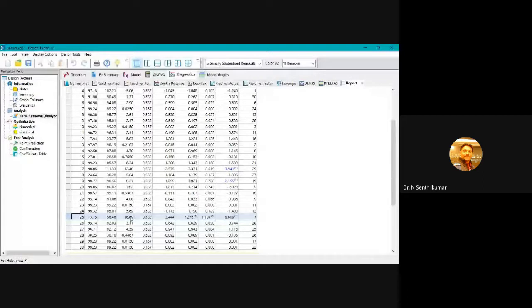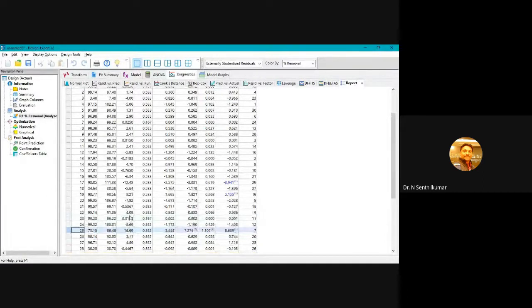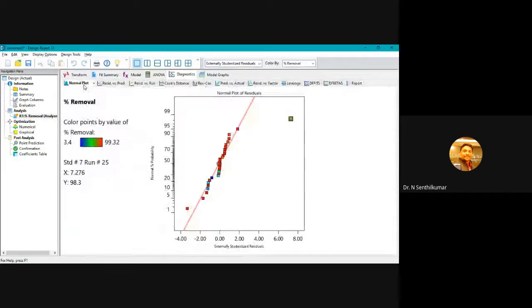You can see a larger deviation only for these two. If I am able to reduce this, then a perfect fit is possible. So that's where we are going to identify where our data is wrong, where our data is right, and which experiment has gone out of our control. All that we can directly identify from the normal probability plot of residuals.